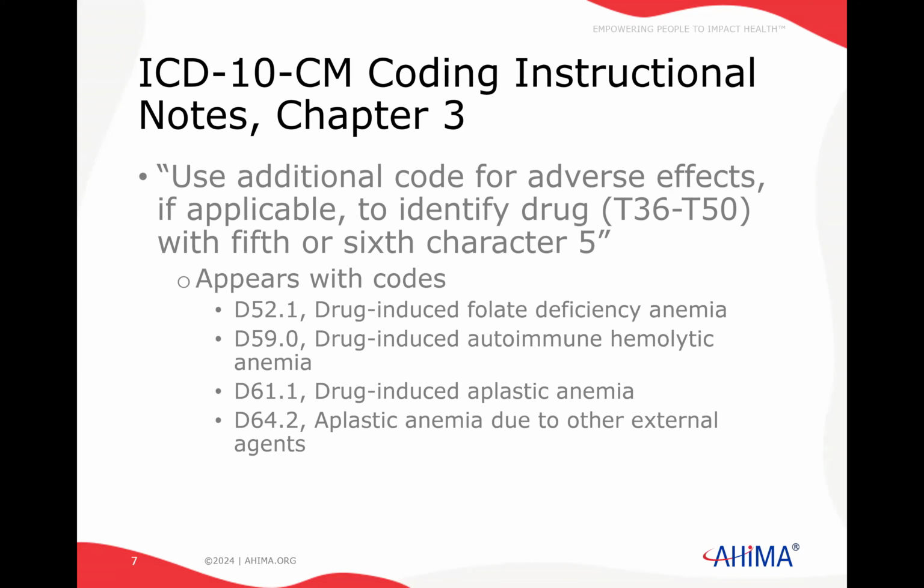And again, as talked about, we have use additional codes for adverse effects. We'll spend a whole week talking about adverse effects, but you can kind of see some examples here with these four codes: D52.1, drug-induced folate deficiency anemia, D59.0, drug-induced autoimmune hemolytic anemia, D61.1, drug-induced aplastic anemia, D64.2, aplastic anemia due to other external agents, and so on.